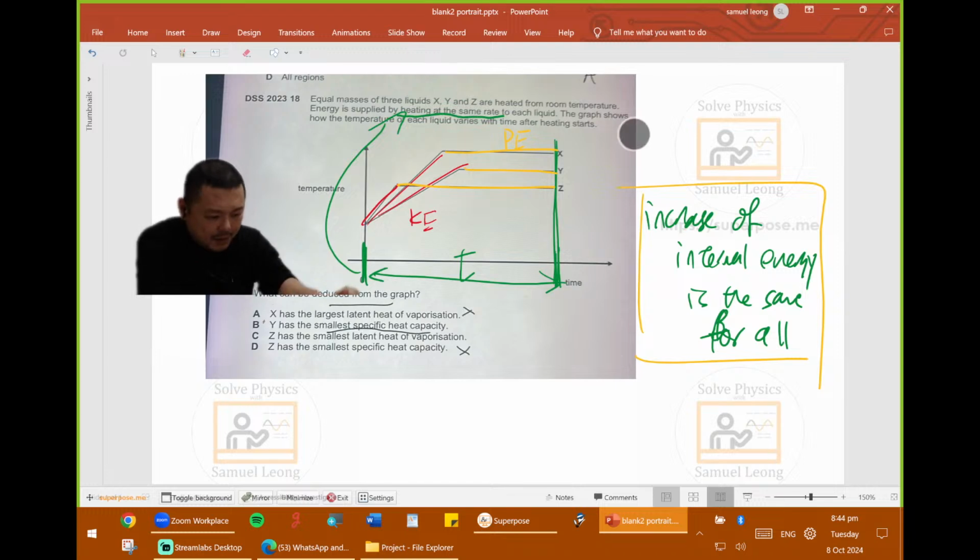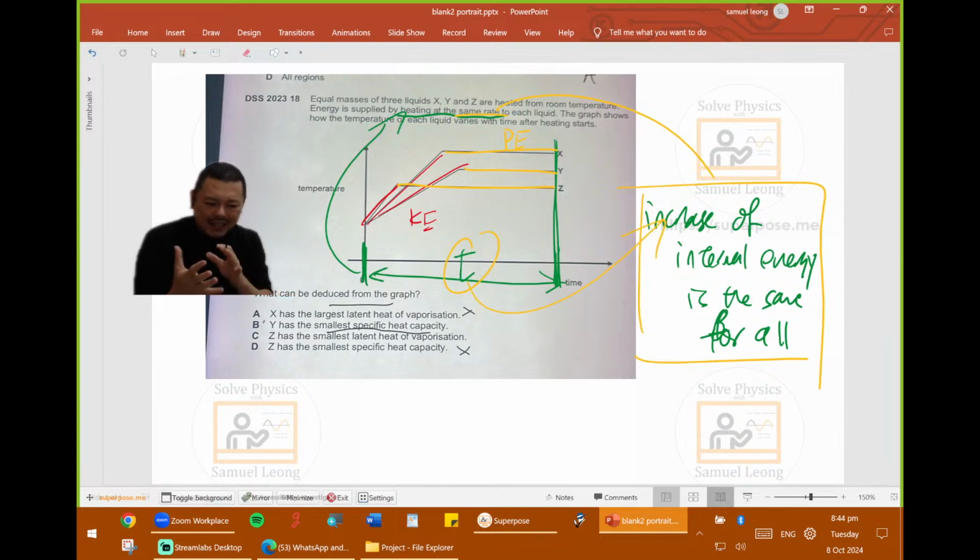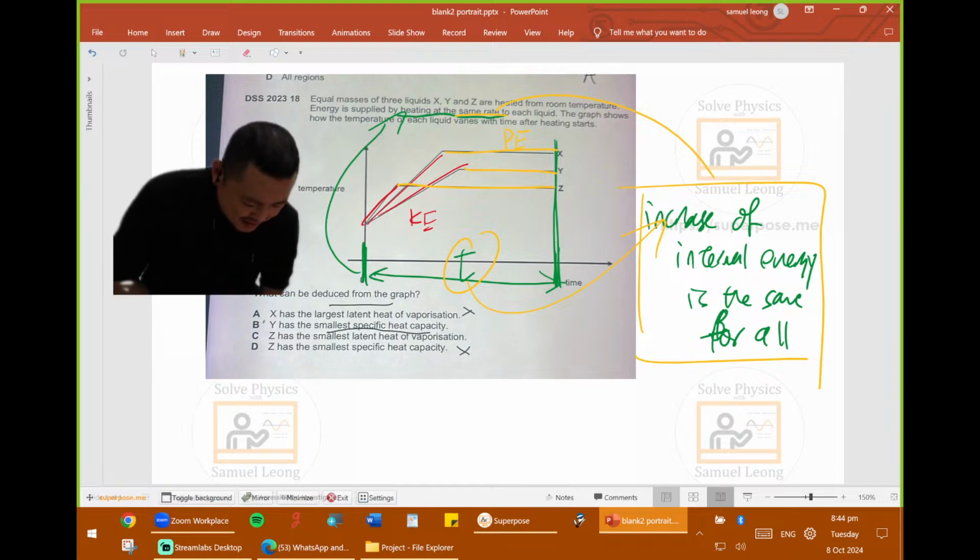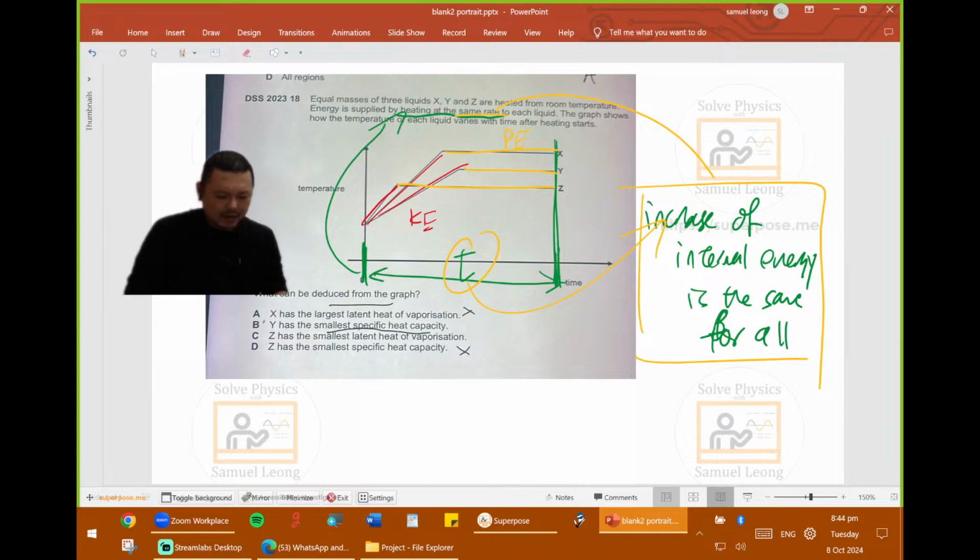Yeah, absolutely right. The amount of heat being supplied is at the same rate, and for the same amount of time. So no matter how much KE one is gaining and how much PE the other one is gaining, in the same amount of time and at the same heating rate, they all gain the same amount of internal energy. That's good.